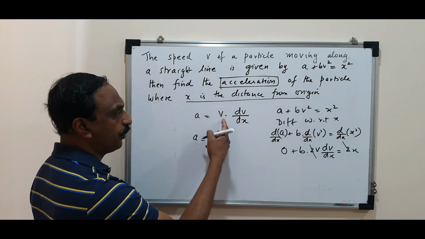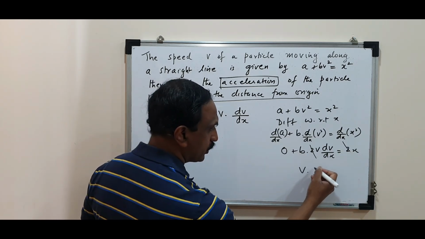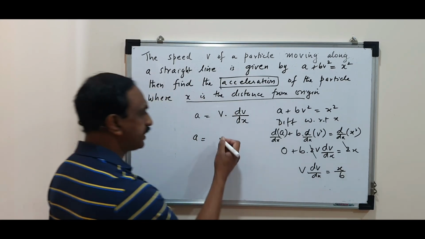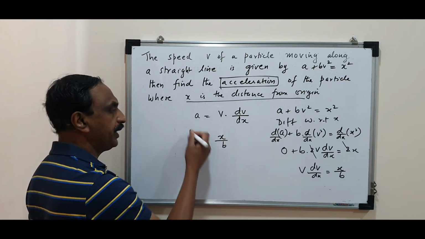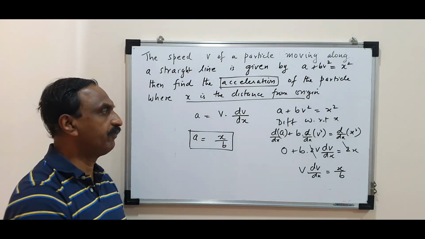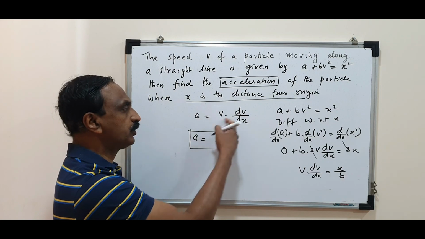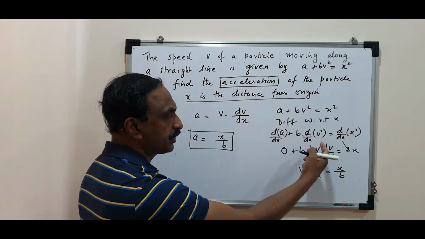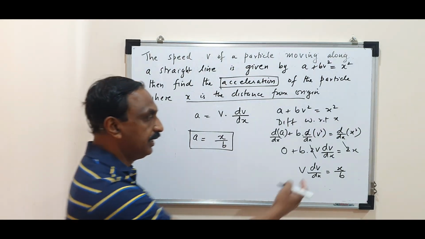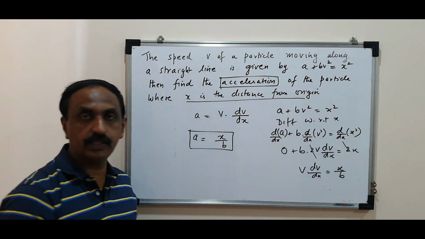So directly I can obtain v dv by dx, which is x upon b. Hence acceleration is x upon b, my answer. Initially I was planning to substitute v, but when I differentiated v square, v dv by dx came. That is actually the direct acceleration. So acceleration is x upon b.